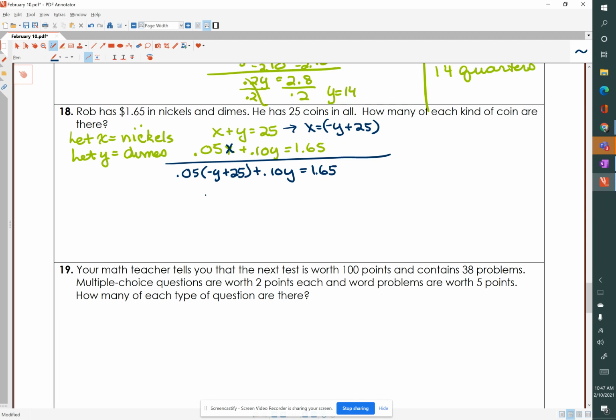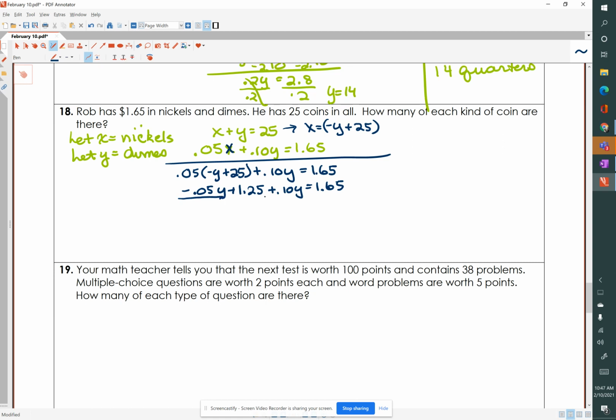Okay, now when I distribute, I'm going to have negative 0.05y plus, so 0.05 times 25 is positive 1.25 plus 0.10y equals $1.65.